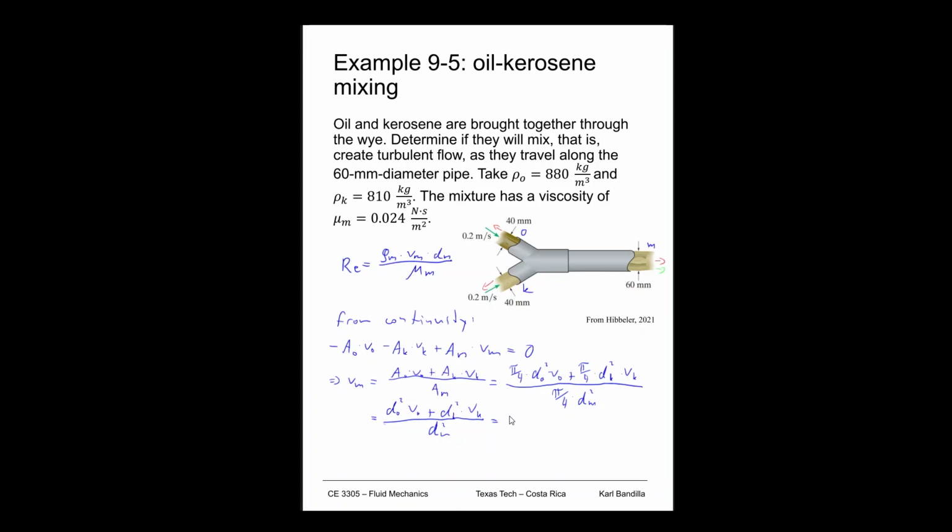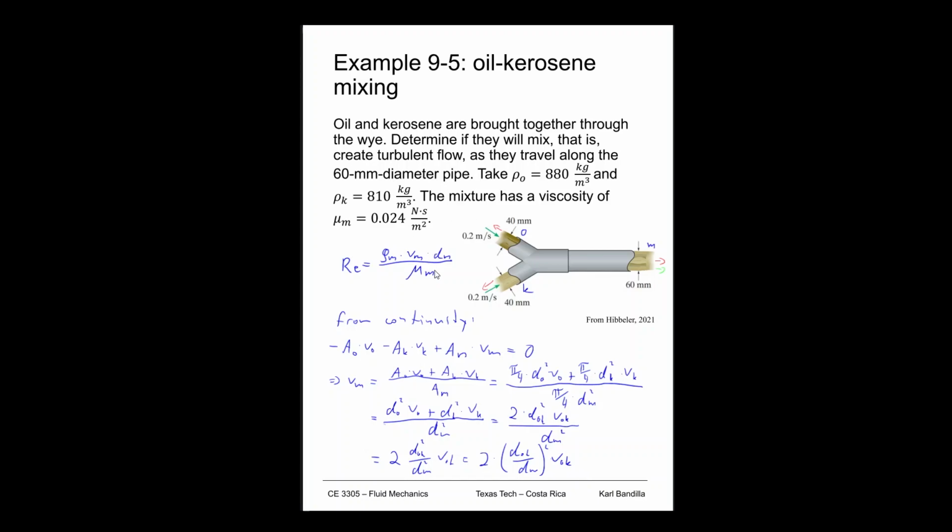So we can just say this all would be 2 times, let's call it d OK squared v OK divided by dm squared, or write this in a slightly nicer way, 2 times d OK over dm squared times V OK. All right, so with that we have our velocity.